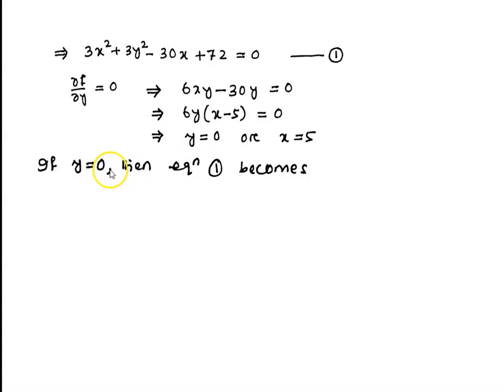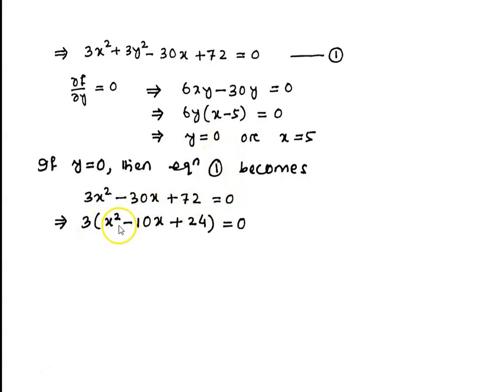Now if we put y equal to 0 in equation 1, then equation 1 becomes 3x square minus 30x plus 72 is equal to 0, because if we put y equal to 0, the term 3y square will become 0.